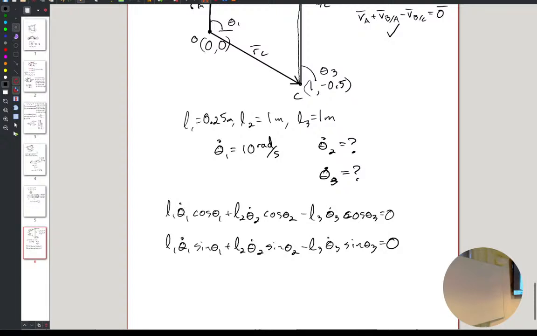So moving around in a circle, X equals R cosine theta, Y is R sine theta.